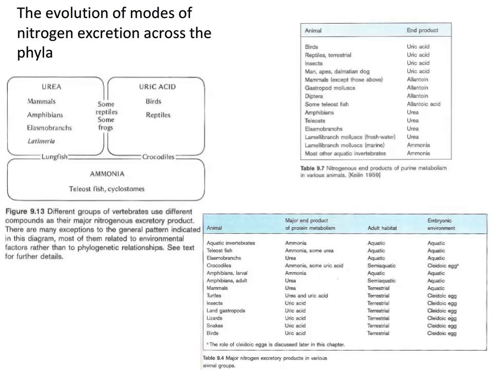Typically in physiology, we see complexity increasing as we move up the phyla, and if an earlier phylum has a successful adaptation, we see that expressed in later phyla. However, if you look at this slide and the patterns of excretion according to phyla, we can see that there's not really any real pattern. So mammals and birds are very evolved, but mammals excrete urea and birds excrete uric acid.